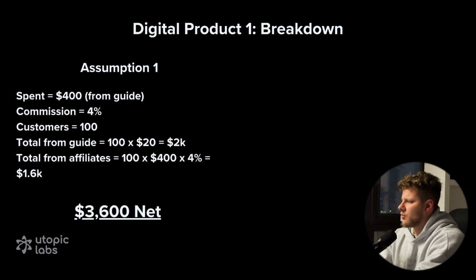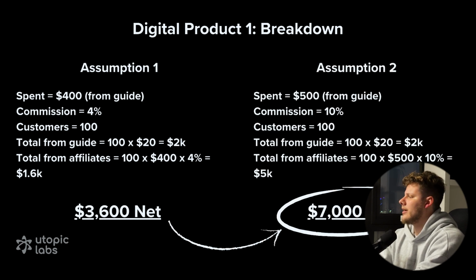The total from the guide will be $2,000, and the total from affiliates would be 100 customers times $400 times 4%. So in total will be 1.6K. So if now we sum the total from guides and the total from affiliates, that will be 3.6K. That's net.